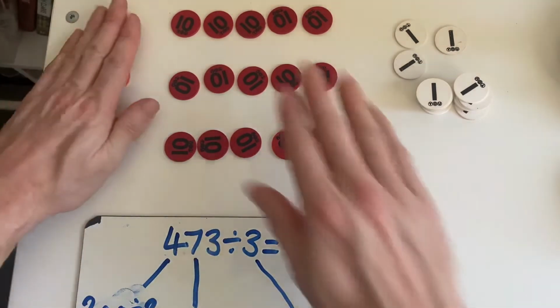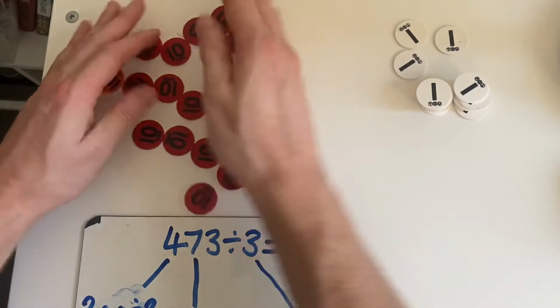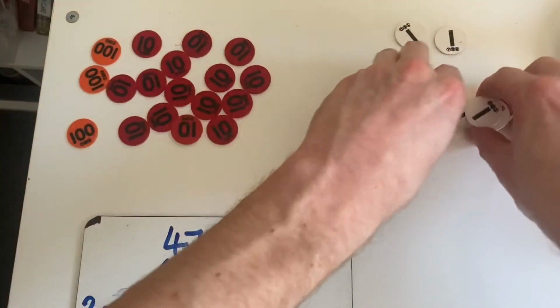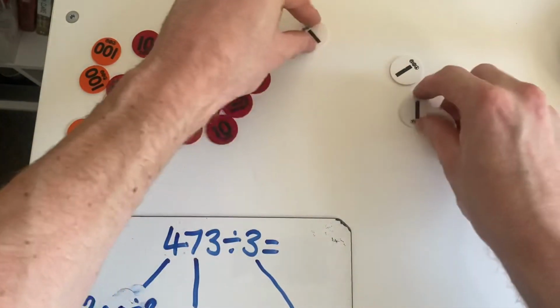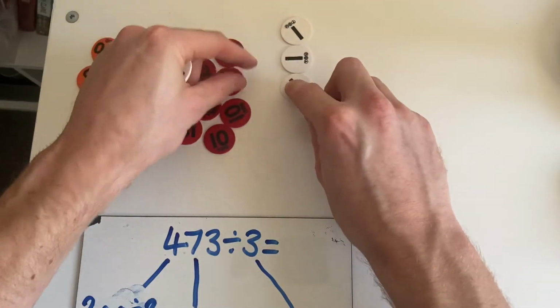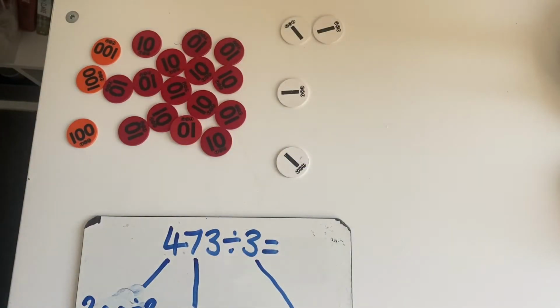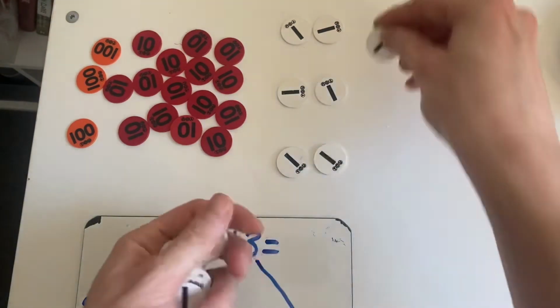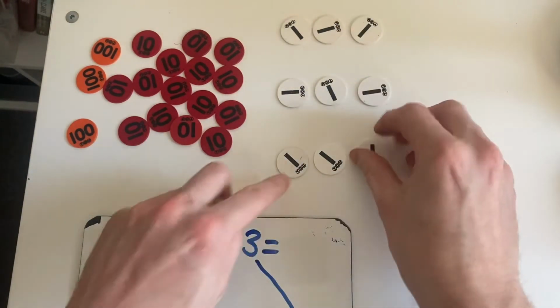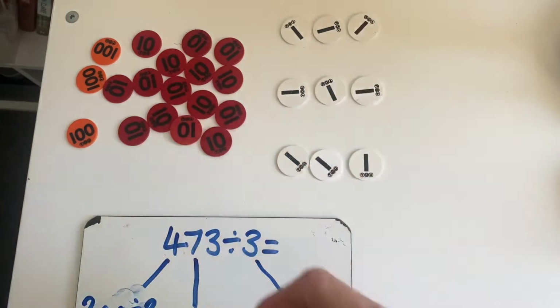So again, I'm just going to move these counters across a bit more to give us a bit more room, because we do have a lot of ones here. I'm going to put them into 3 equal groups. So we'll begin. Now this obviously is quite a long-winded way of doing it.